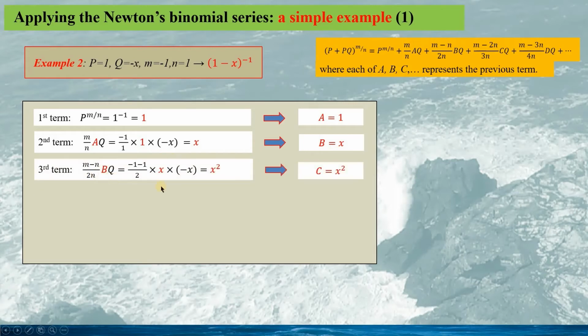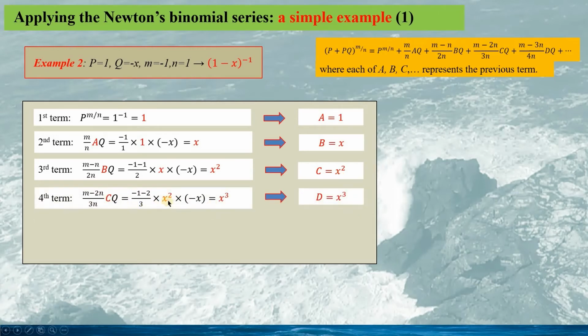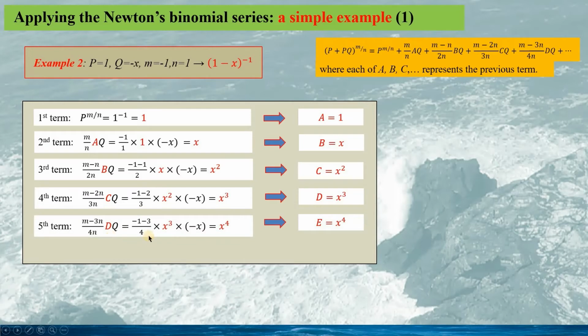The third term is calculated as this, and it is x squared. So we have c equaling x squared. The fourth term is calculated as this, so we obtain x cubed. So d is x cubed. And the fifth term, we obtain the expression as x to the power 4.